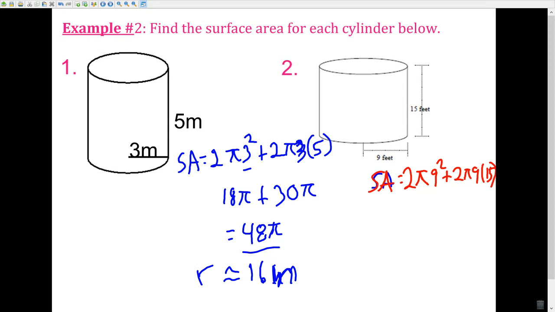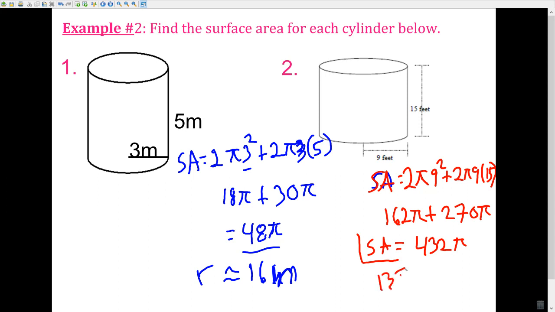Great. I got 270 over here, so 270 pi. And on the left, I get 162 pi, which then gets you 432 pi equals your surface area. And then I got 1,357.168 feet squared. Cool.